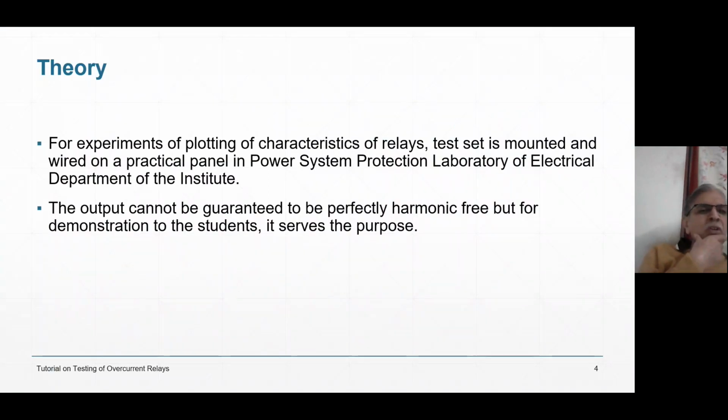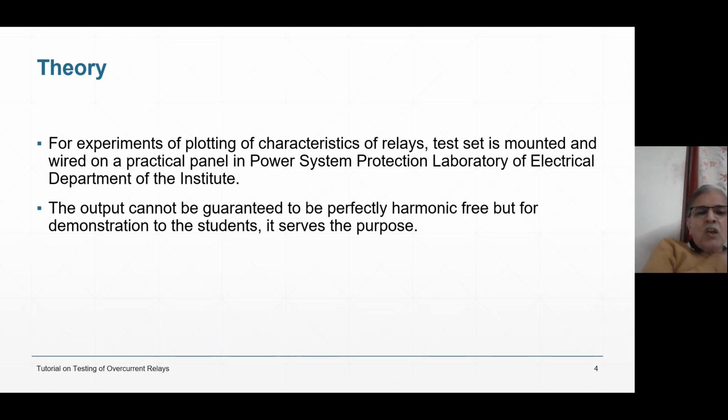So as I told you, we will not go much about theory. When we are talking about practical, we should talk about practical only. So little of theory. That for experiments of plotting of characteristic of relays, test set is mounted and wired on a practical panel in Power System Protection Laboratory of Electrical Department of the Institute. What is the problem with our test set?